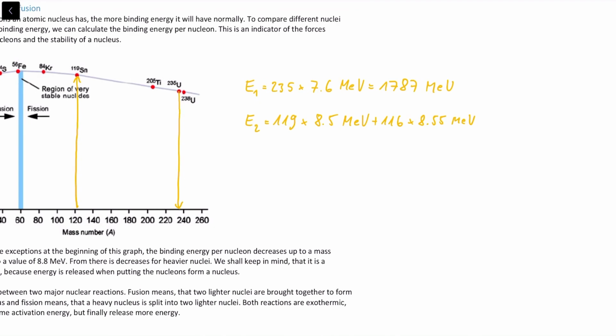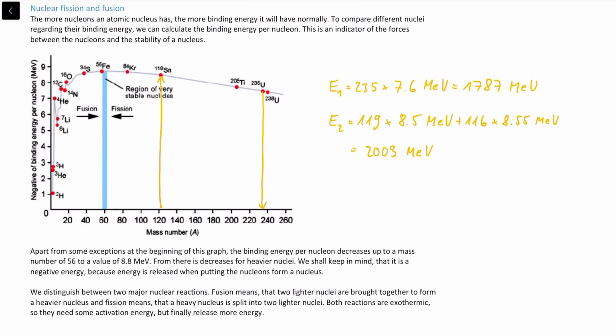So this would be 2003 mega electron volts. And since this is a negative binding energy, meaning that it is being released when the single nucleons are put together to these two medium heavy nuclei, we can calculate this energy.